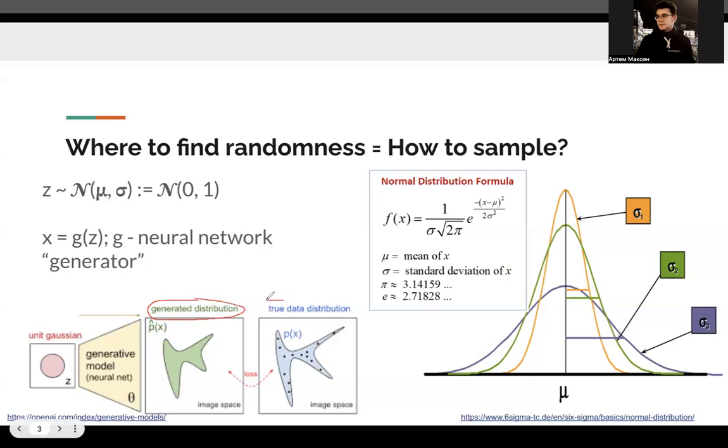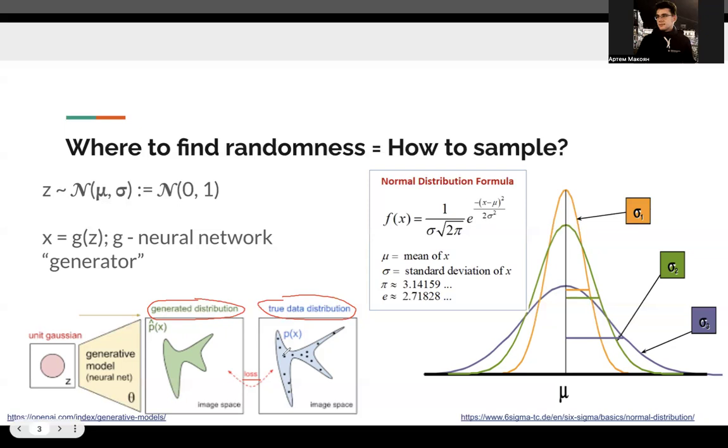And we have a true data distribution. And we want these distributions to be close, ideally to be the same, so we want to create a loss that will make them the same. The closer the distributions are, the more the loss should decrease.